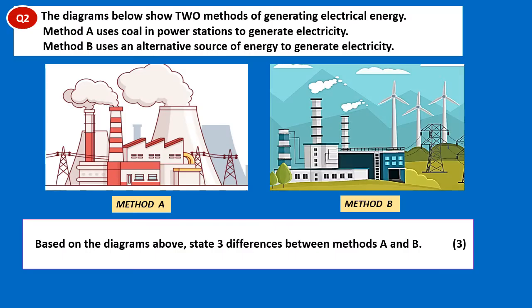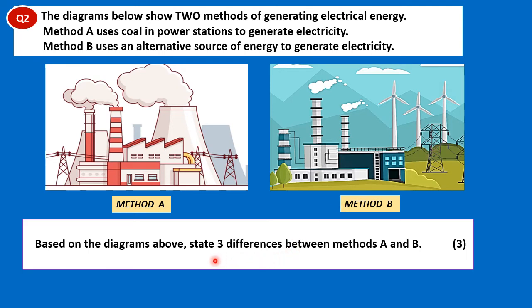Here is a second bonus question, right, for you to try. The diagrams below show two methods of generating electrical energy. Method A uses coal in the power stations to generate electricity, and method B uses an alternative source of energy to generate electricity.